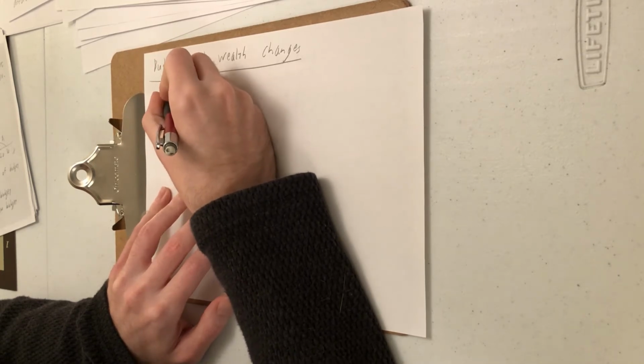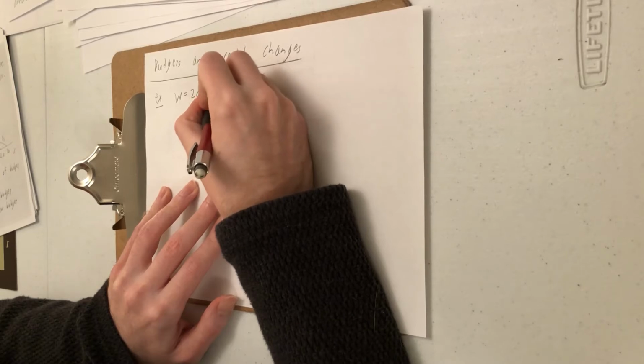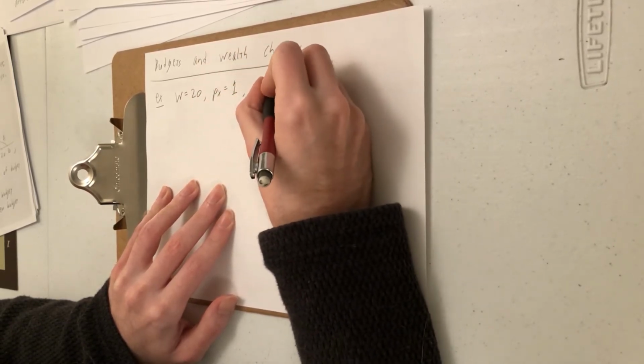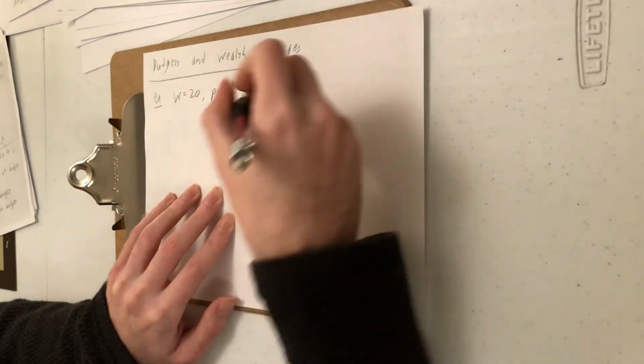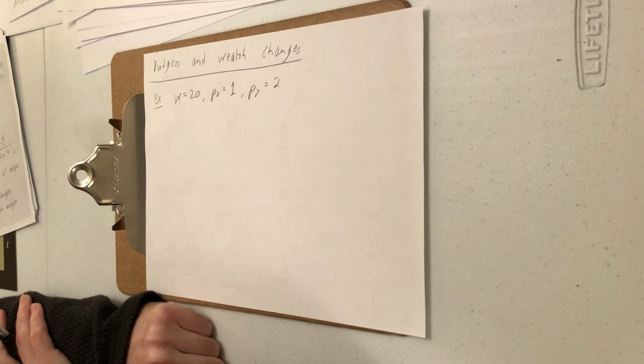So we had originally a wealth of 20, so the price of X was $1, price of Y was $2. Now perhaps we get an extra $10, so our wealth becomes 30.